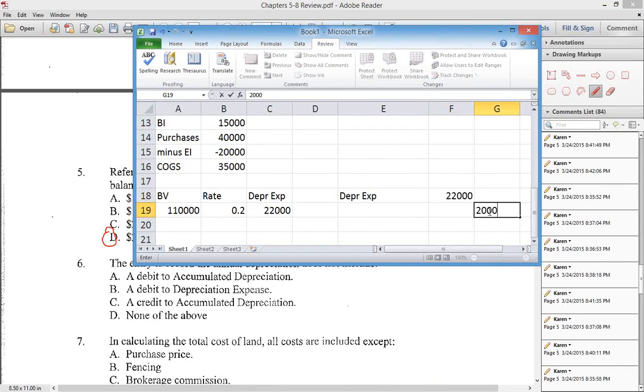My credit would be accumulated depreciation. Then in my accumulated depreciation T account, it would be $22,000 that first year.